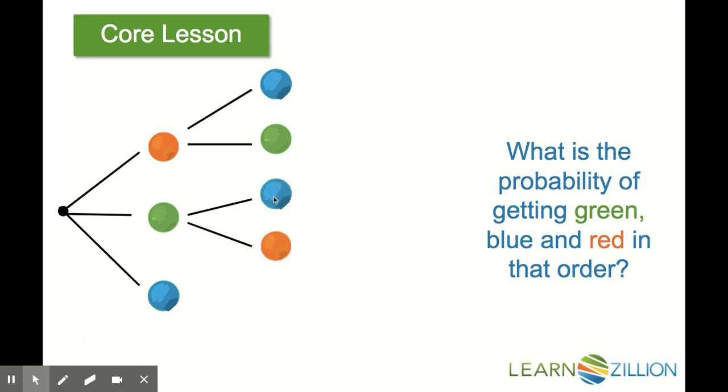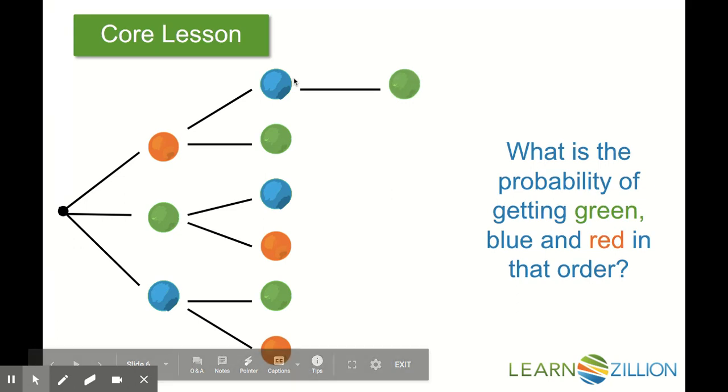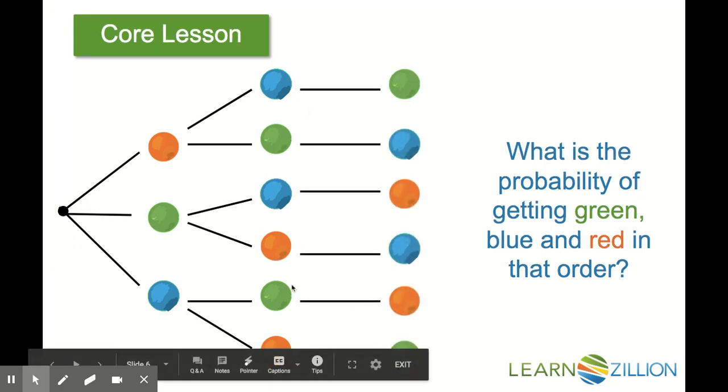And then green could lead you to blue, or green could lead you to red. And then finally, blue could lead you to green, and blue could lead you to red. And then each of those resulting paths would end up with 1 more path from each that would account for the remaining pieces in the bag.